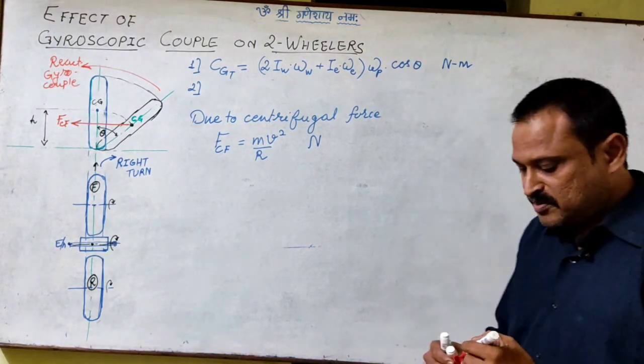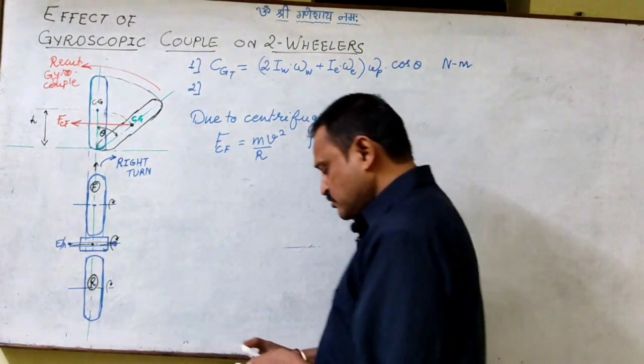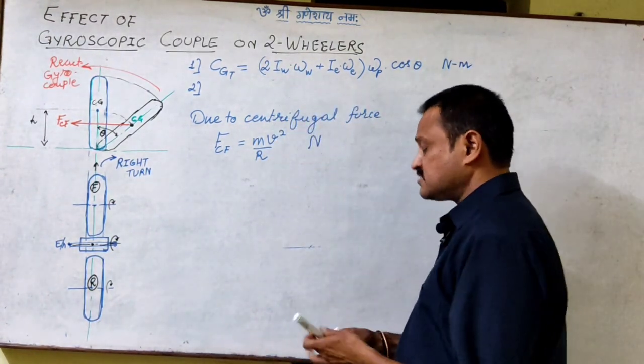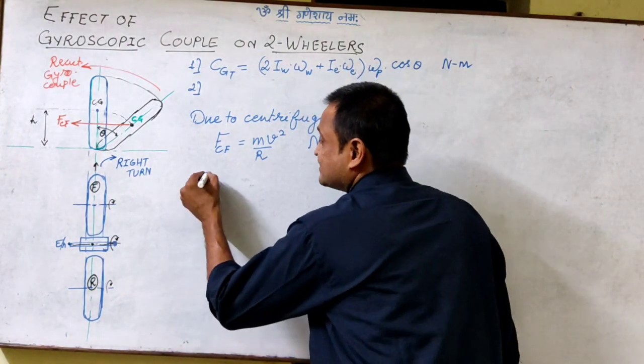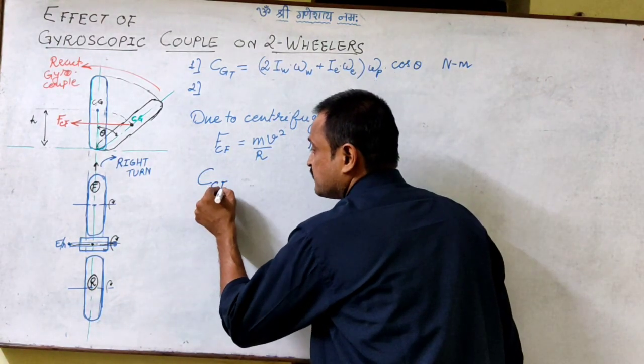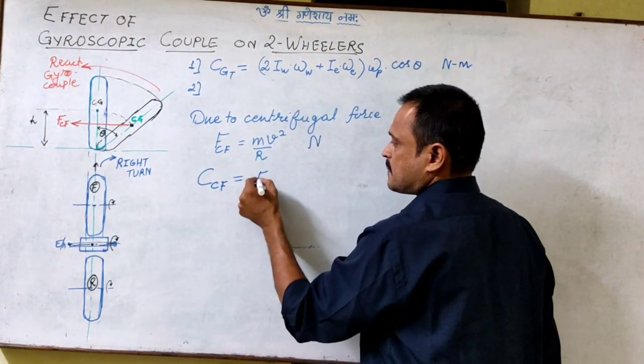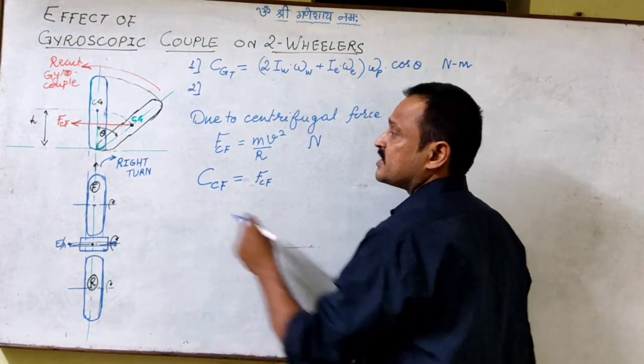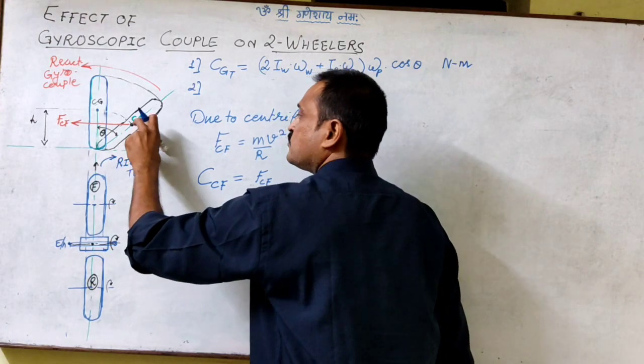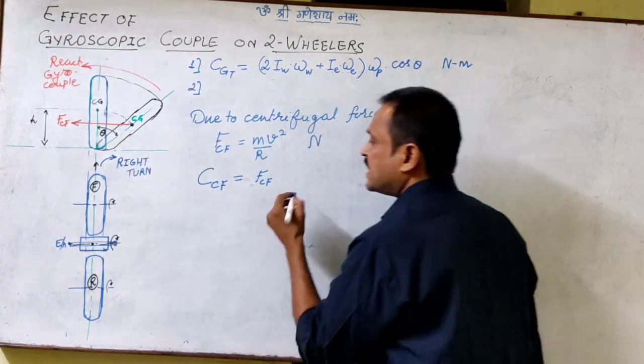This force will be giving a moment, right? So the magnitude of this couple due to centrifugal force will be this force into the shortest vertical height.